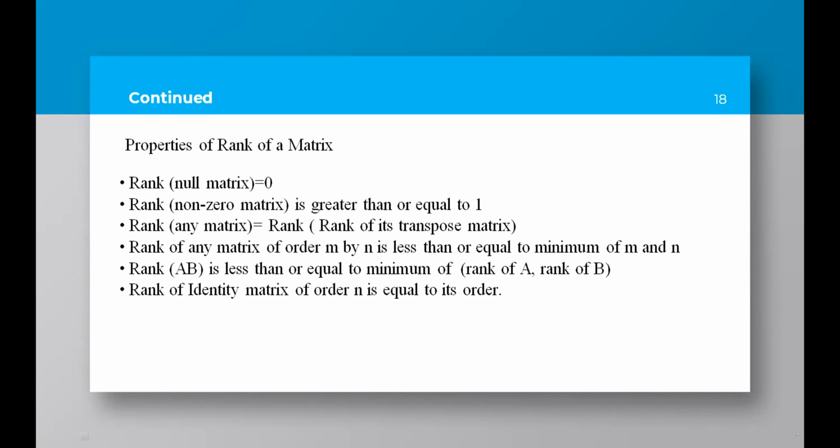Next one, rank of an identity matrix of order n is equal to its order. For example, consider the 2 by 2 matrix 1 0 0 1. How many non-zero rows?